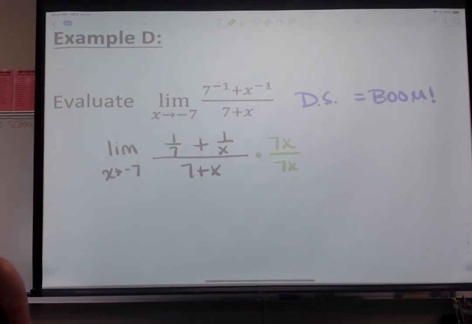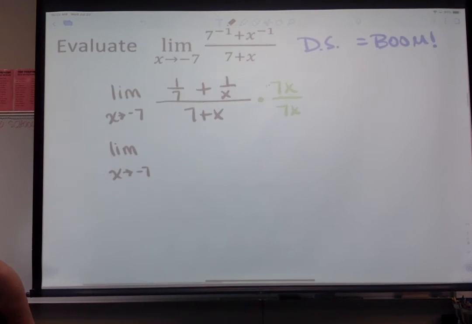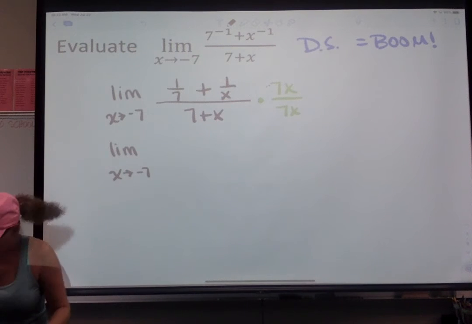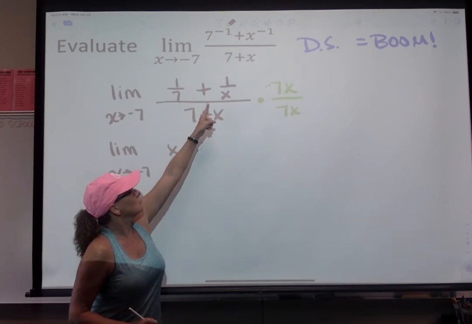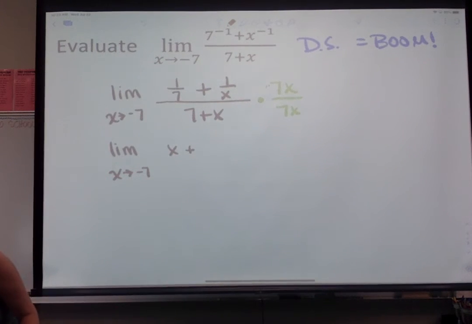Here I go. 7x times 1/7 is just x. 7x times 1 over x is just 7.